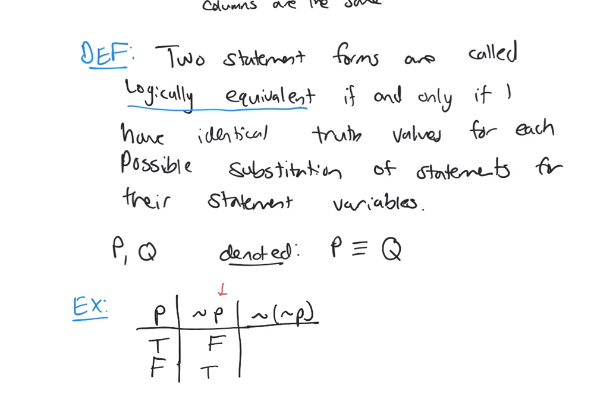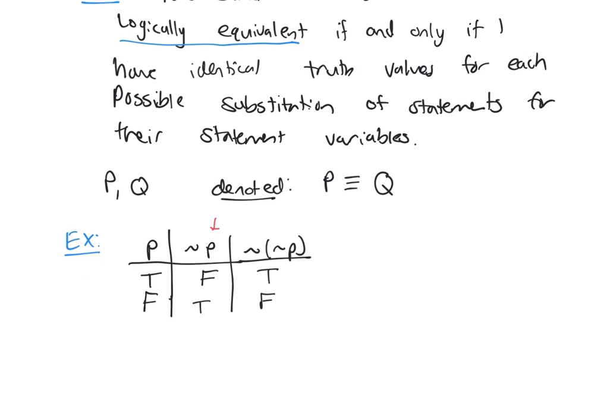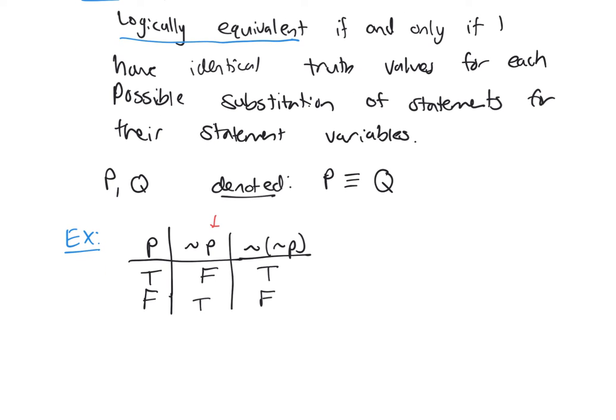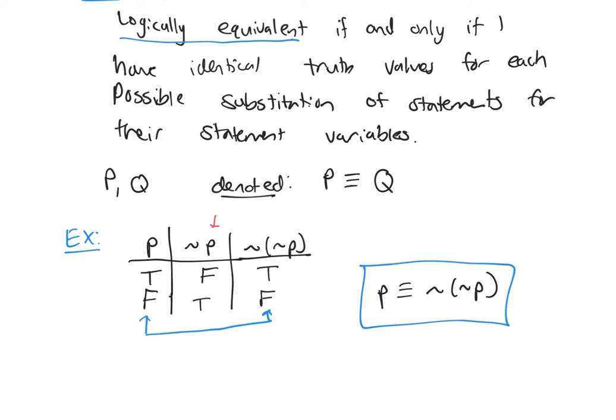You're going to flip all the entries in the second column, so it'll become true and false. Now if you look, the first column and the third column are identical. So what that tells us is that P is logically equivalent to not not P. So there's an example of logical equivalence.